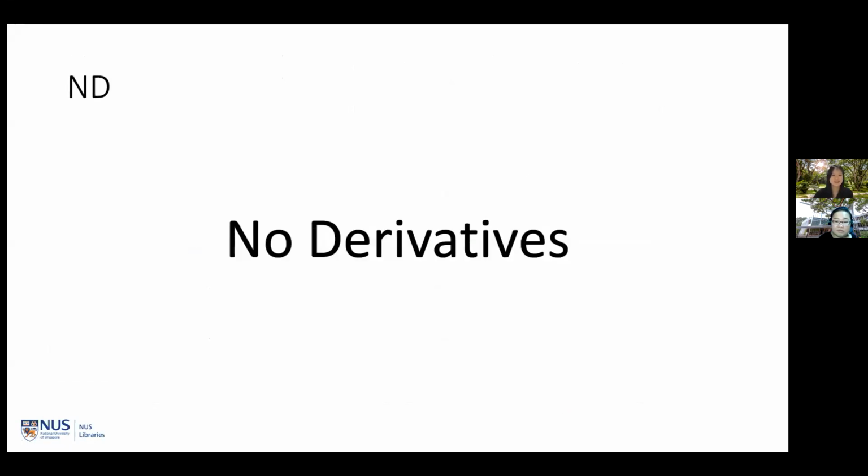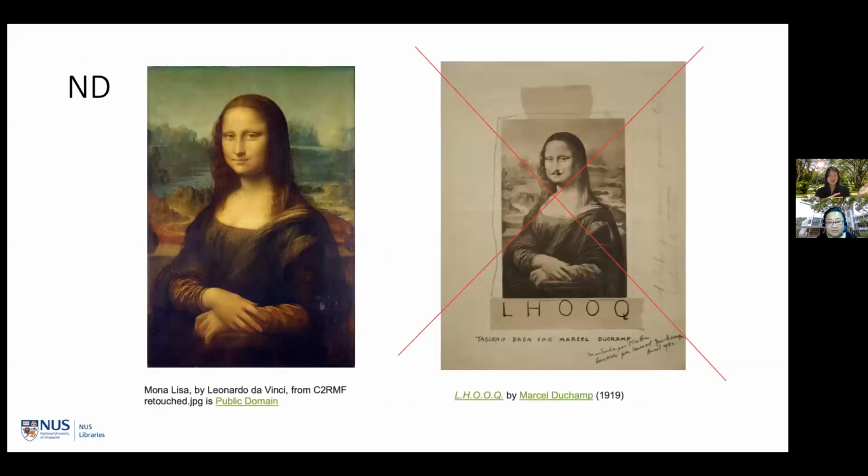The next abbreviation is ND, no derivatives. It means that you shouldn't be changing the original creative work. So for example, with the Mona Lisa on the right, hypothetically, if Da Vinci had applied a no derivatives license to it, you could use it in its original form, but you would not be able to change it from his ideal image of feminine beauty at that time into something very masculine, like on the right.